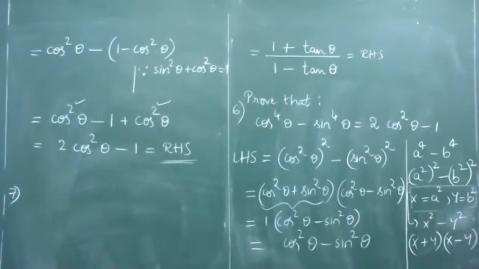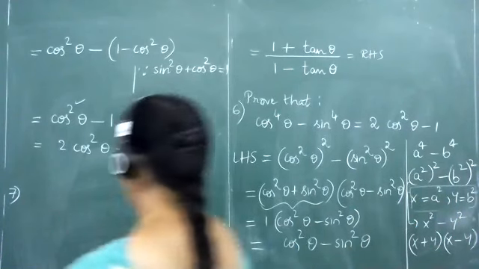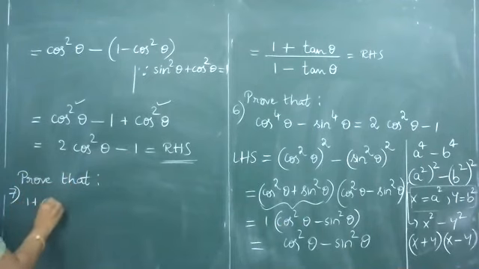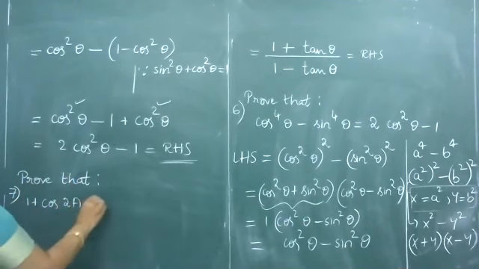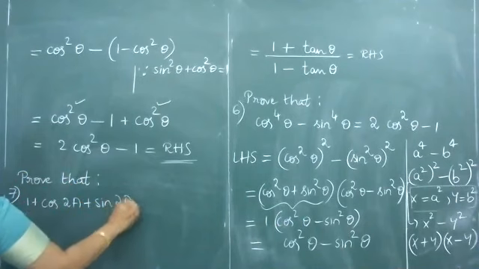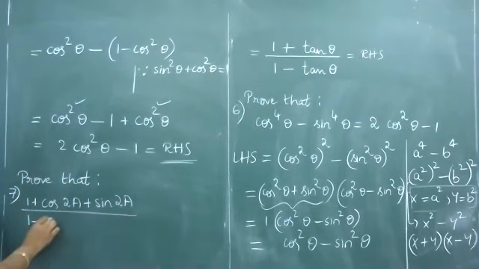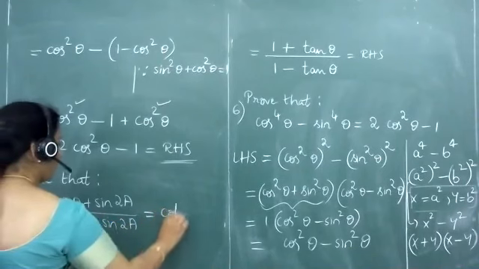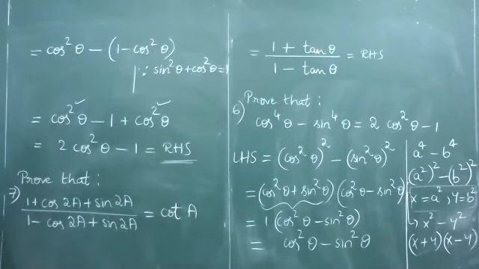The seventh question. Prove that 1 plus cos 2a plus sin 2a whole divided by 1 minus cos 2a plus sin 2a is equal to cot a.